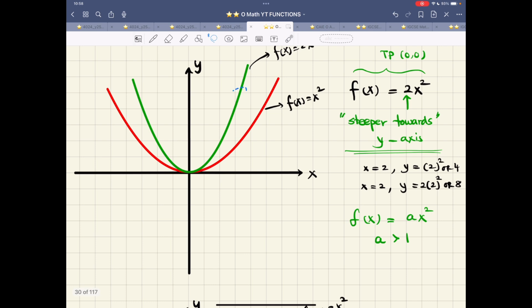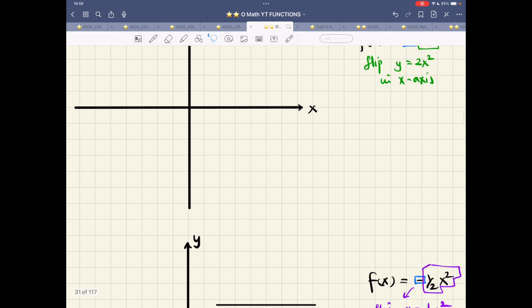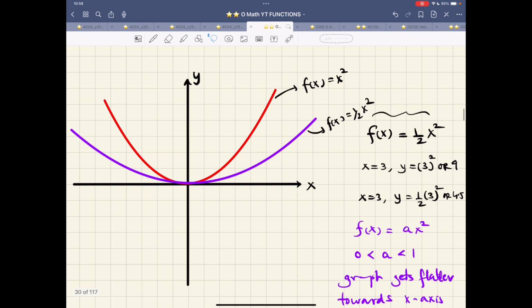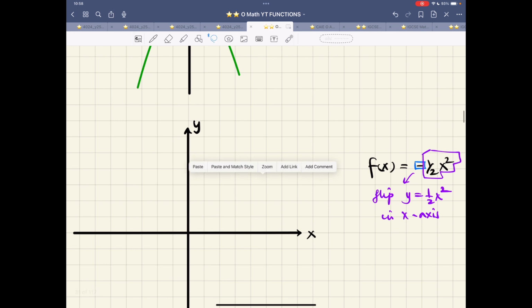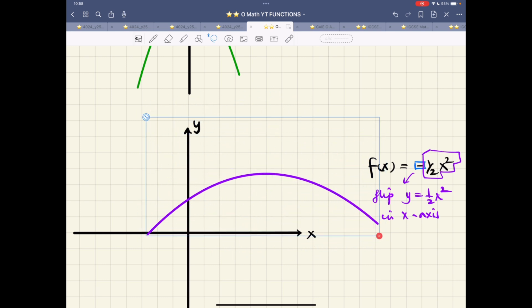So now this green one over here, let me copy it. And first it is made steeper and then it's flipped. So now let me flip it like this and let me paste it over here. And similarly over here, let me choose this one, which is the purple one. And let me flip it over here once again like this.